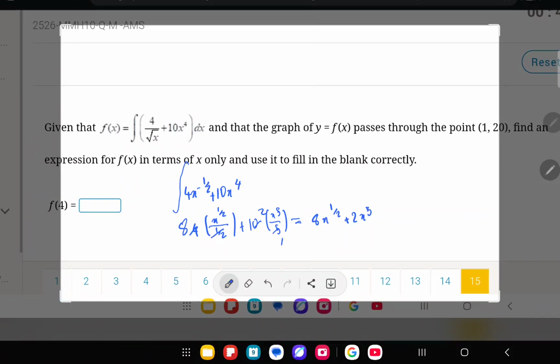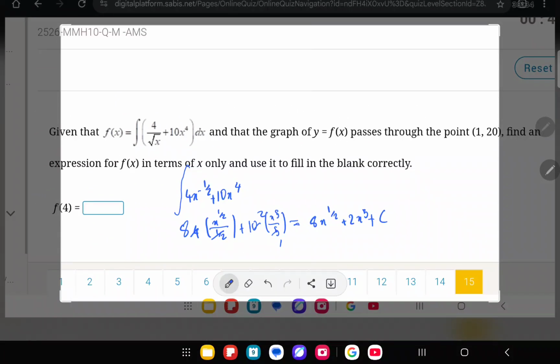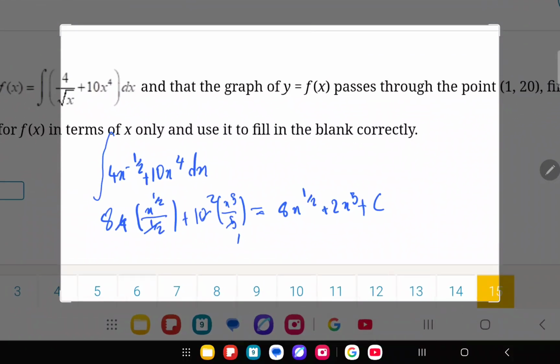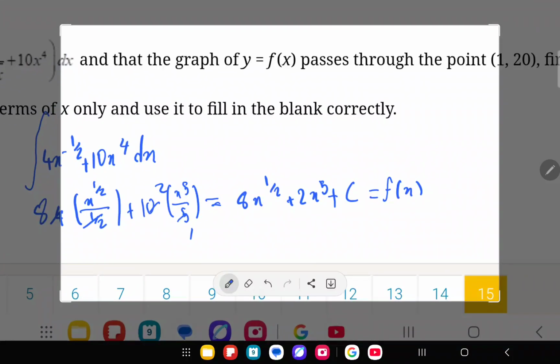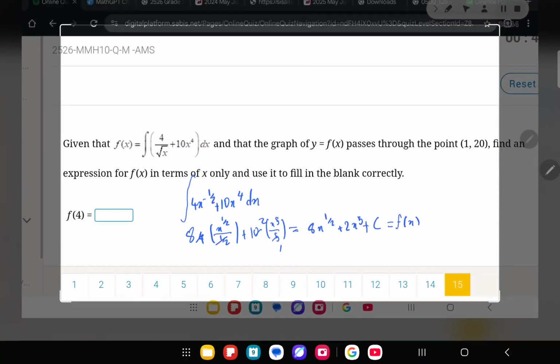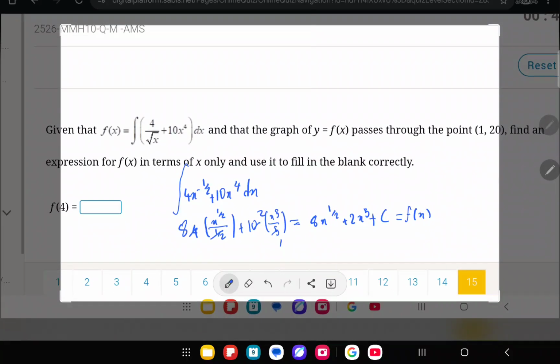Okay, and of course plus c. Now I didn't forget, which is good. I forgot to put dx here. And now we have f(x) here. However, we don't know what constant c is. How do we find constant c? In order to find constant c, they gave us a point, and using this point we can find out what this constant c is.